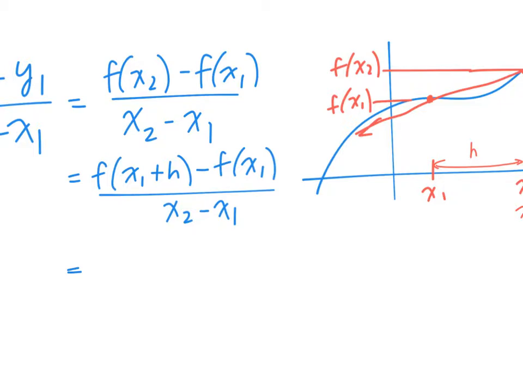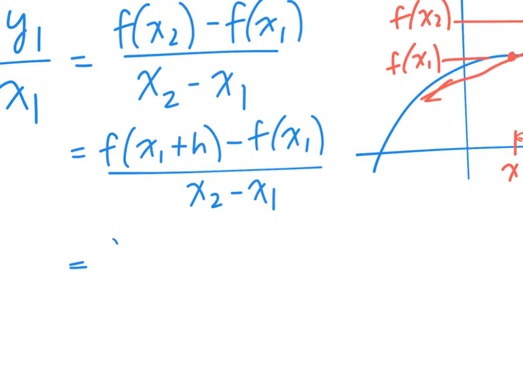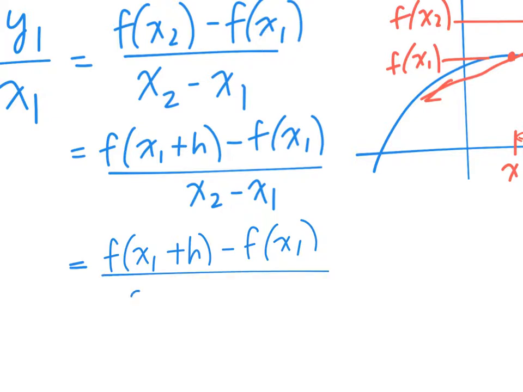Yes? For the bottom, would you put x1 plus h in parentheses for the denominator? Yes, that's what I need. I'm actually going to get to that point. So x2, remember, becomes x1 plus h. So in the denominator, it is actually x1 plus h minus x1 because that part is just x2. And you can see that in the denominator that x1 is going to cancel, right?